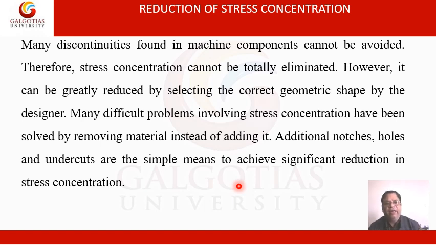It can be greatly reduced by selecting the correct geometrical shape by the designer, and many difficult problems involving stress concentration have been solved by removing the material instead of adding it. So you can create additional notches, holes, undercuts by simple means to achieve significant reduction in stress concentration.